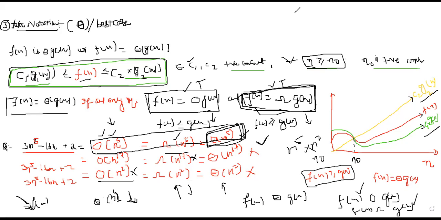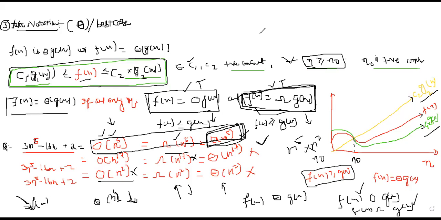Now the next question: in the last class, you had given us a question that for the same f of n, we have to find different g of n for big O notation, big omega notation and theta notation. So did you get the answer?